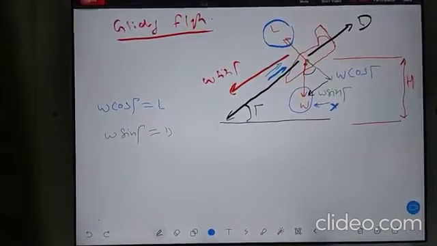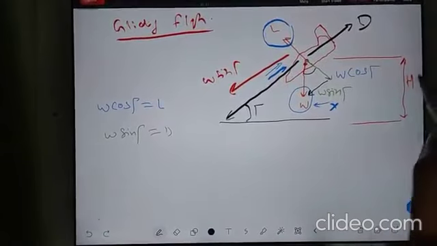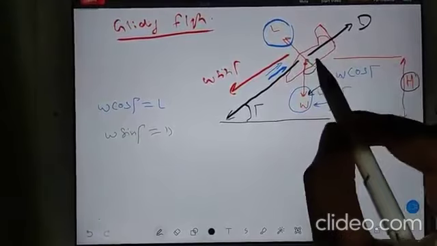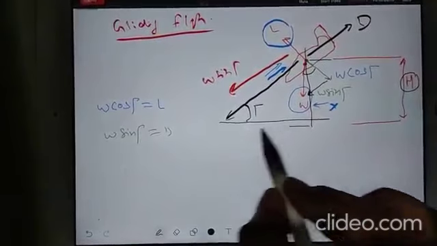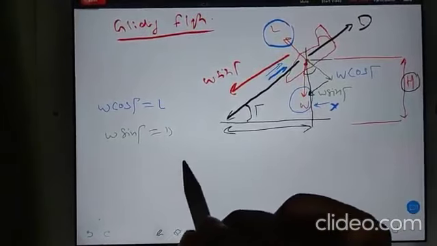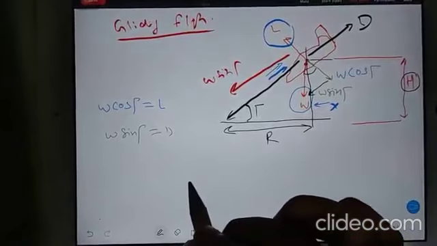Now see. This height is h when you analyze that you are gliding, and from this location you are going to cover this much distance. So this is going to be your range.